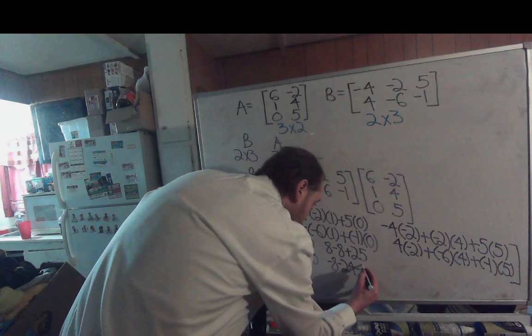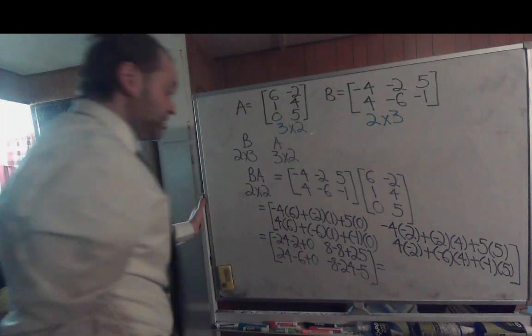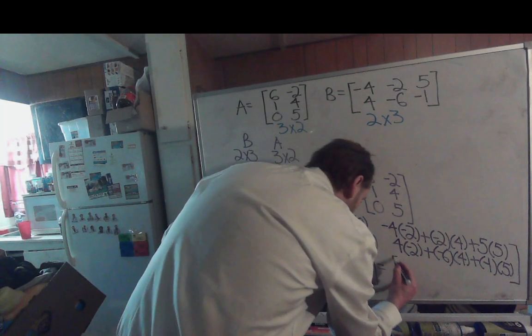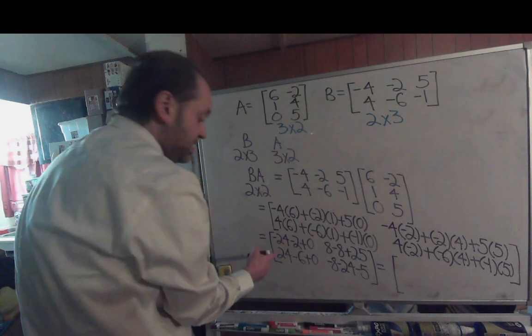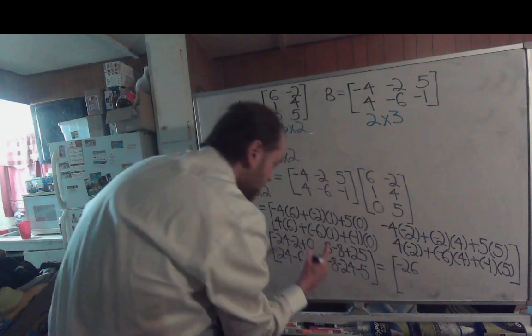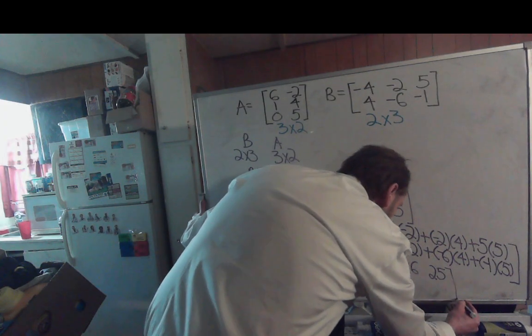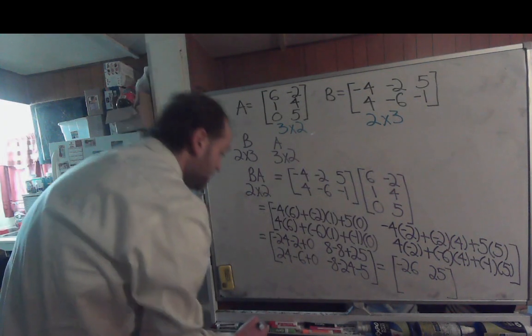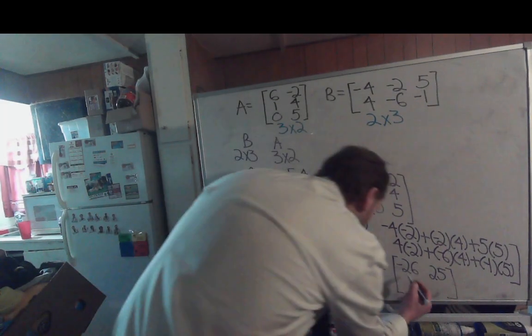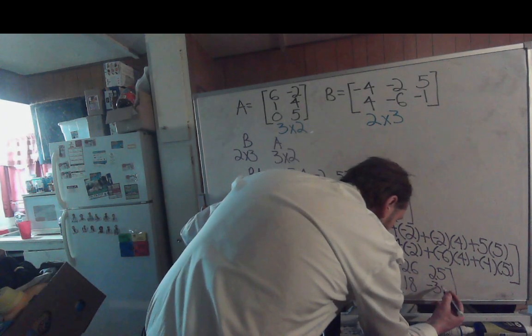So negative 8 minus 24 minus 5 is going to give you, for the final result, the 2 by 2 matrix of negative 26, 25, then you'll end up getting 18, then you'll end up getting negative 37.